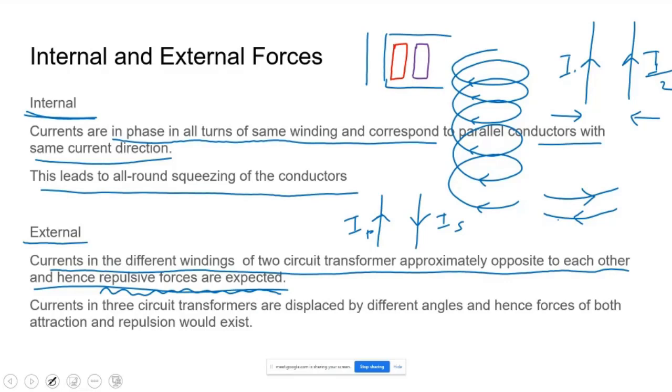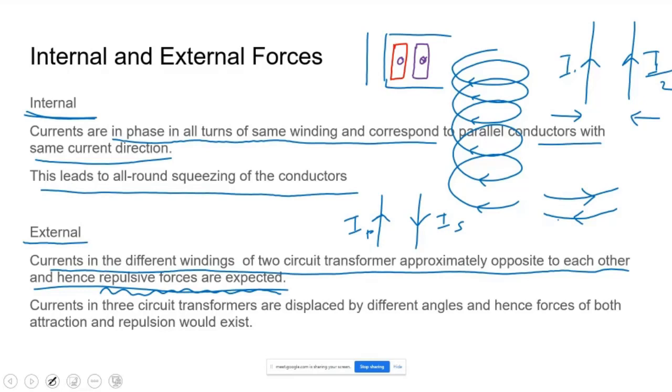Now, if in the primary the current is coming out of the paper, out of this plane surface, then in the secondary winding the current will go into the paper. This just explains the direction of the current in primary and secondary.